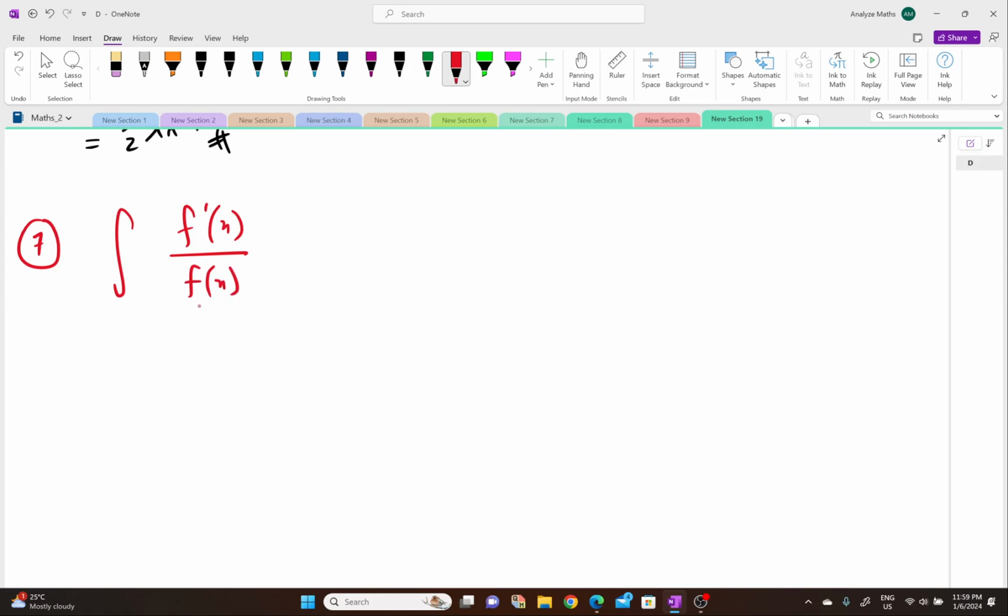Okay, this one is non-linear. Just now linear, isn't it? This one is non-linear. If you differentiate f and it is in the numerator, then the answer is ln fx plus c. That's it.